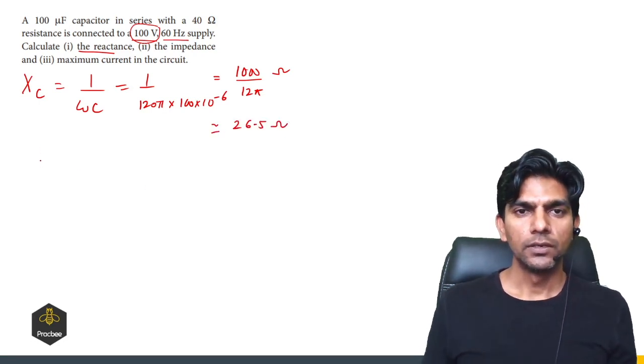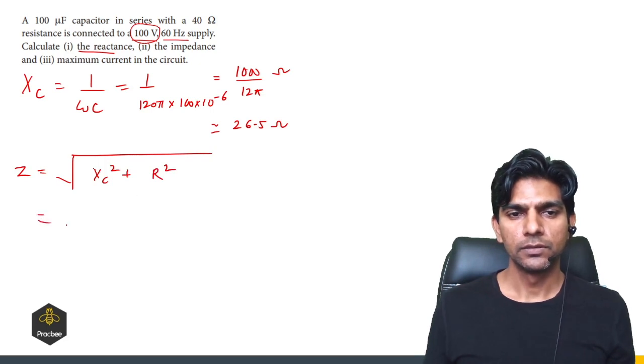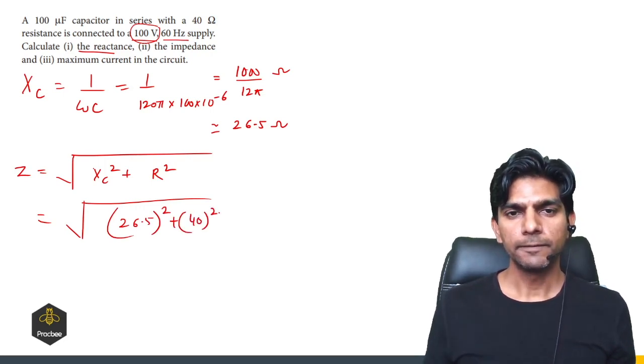Now if you want to find the impedance, that will be square root of XC square plus R square. So it will be 26.5 square plus 40 square. Clear?